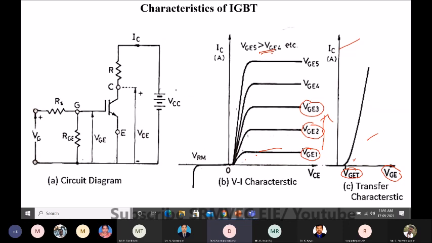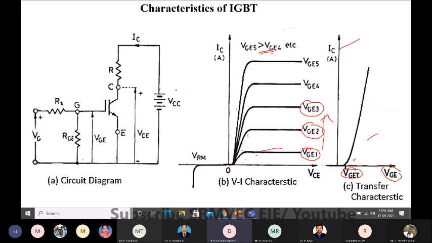As an important application, as I already told, the BJT is included and it is high speed, so it is used for high speed switching applications. In the previous case we saw high power, high current switching, and here this is used for fast switching, so speed is also taken into account.